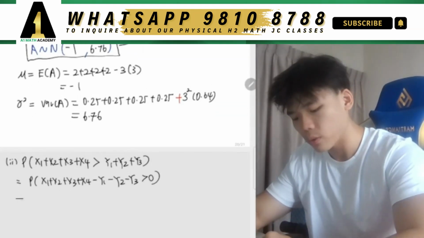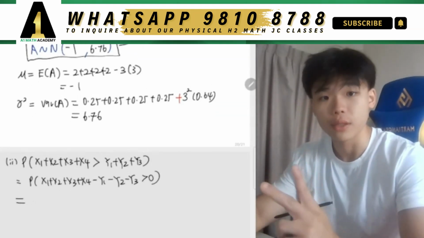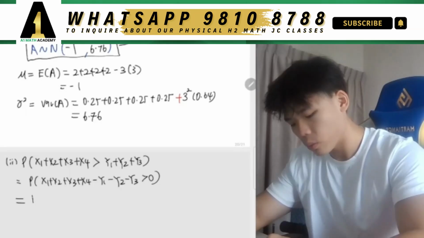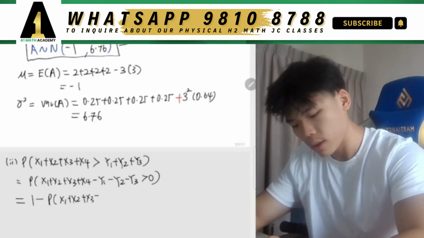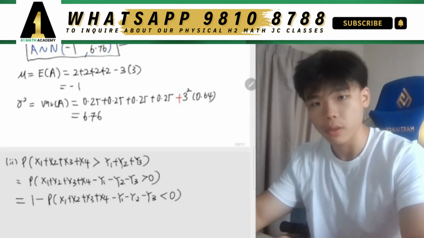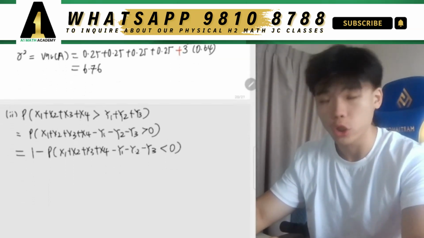And then we are going to take the complement of it. So 1 minus P of x1 + x2 + x3 + x4 - y1 - y2 - y3 lesser than 0, right? Because this is something that we can key into our GC.